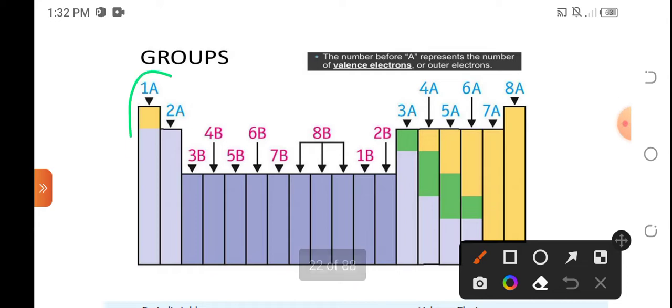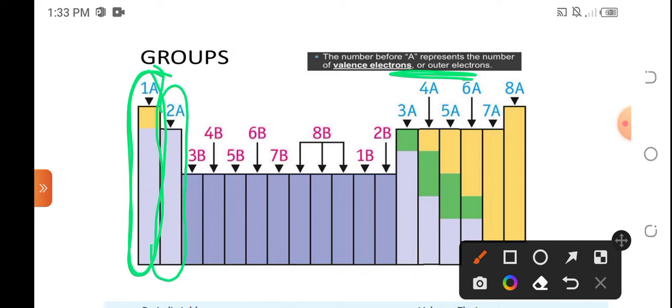So, lahat daw ng element dito, ang kanyang valence electron, pag sinabing valence electron, outermost, the electrons in the outermost energy level. So, lahat daw dito ay 1. Lahat daw ng nandito, ang electrons na nasa outermost energy level niya ay 2.